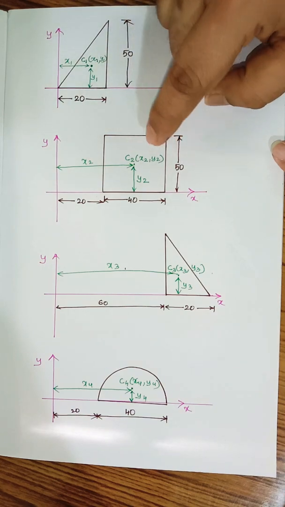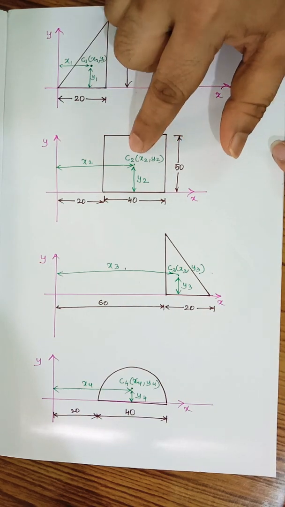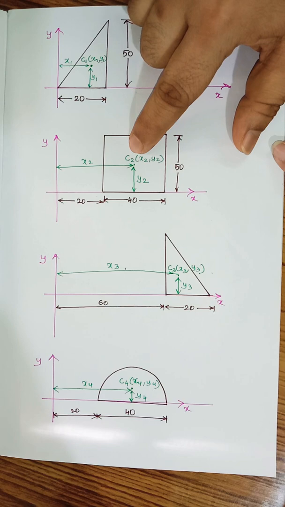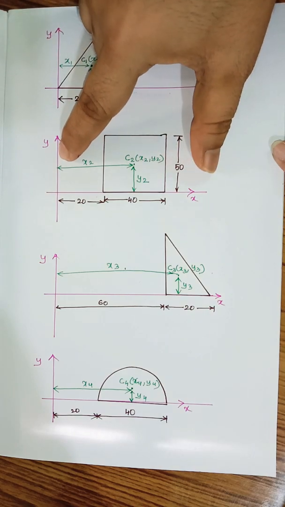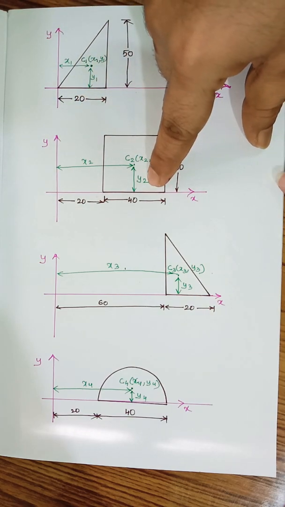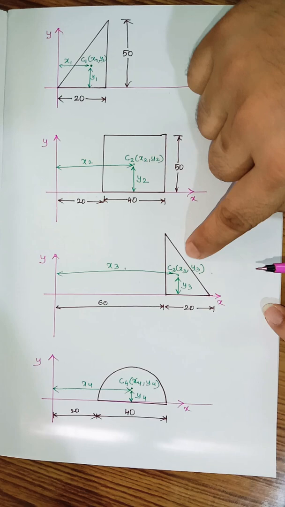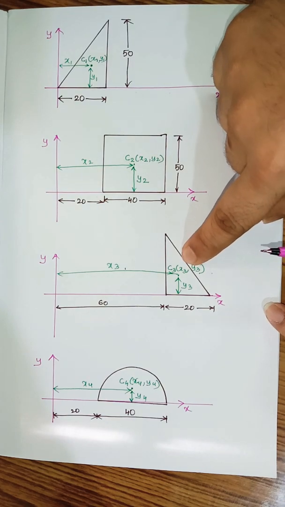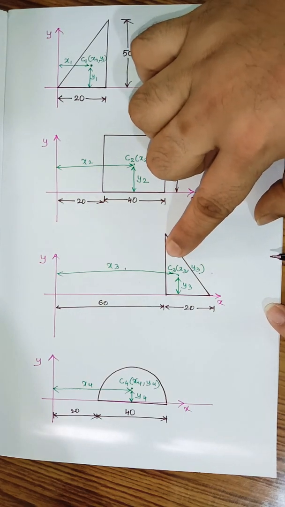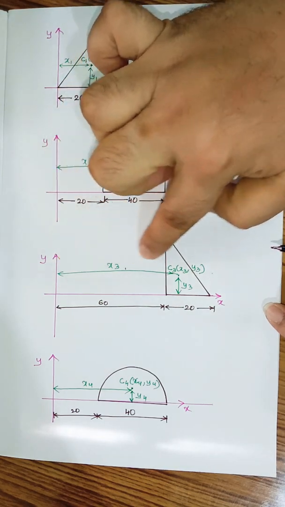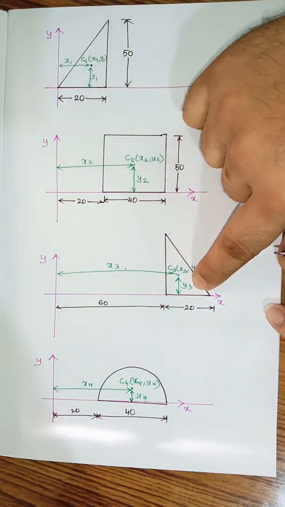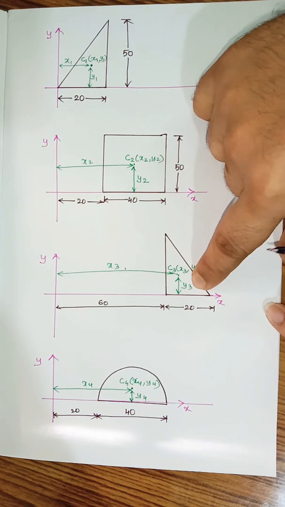Similarly, I'm considering the rectangle. This rectangle has a point C2, which is nothing but the centroid for the rectangle, X2 and Y2. X2 is the distance from reference y-axis, and Y2 is the distance from reference x-axis. Similarly, we have the second triangle, triangle number 2. It has the coordinates C3, X3 and Y3, where X3 is the distance from reference y-axis again, and Y3 is the distance from reference x-axis.